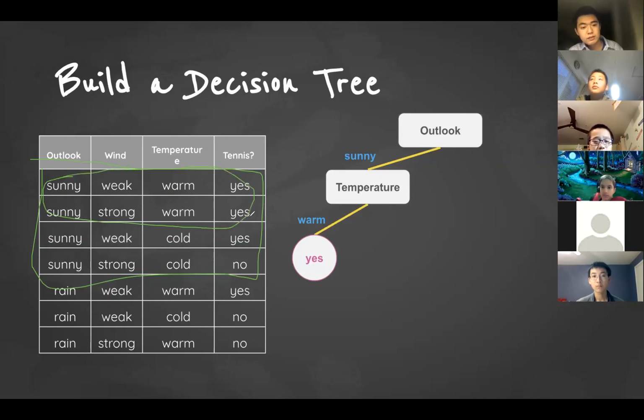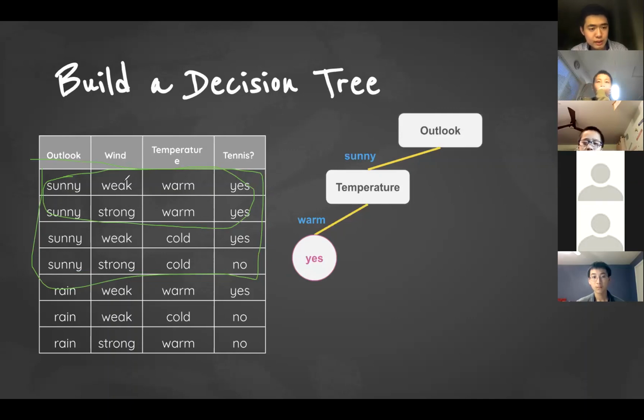At this point, we don't even need to look at how strong the wind is. No matter how strong or weak the wind is, as long as it's sunny and warm, we'd play tennis. So we can basically say, if the outlook is sunny and the temperature is warm, we play.